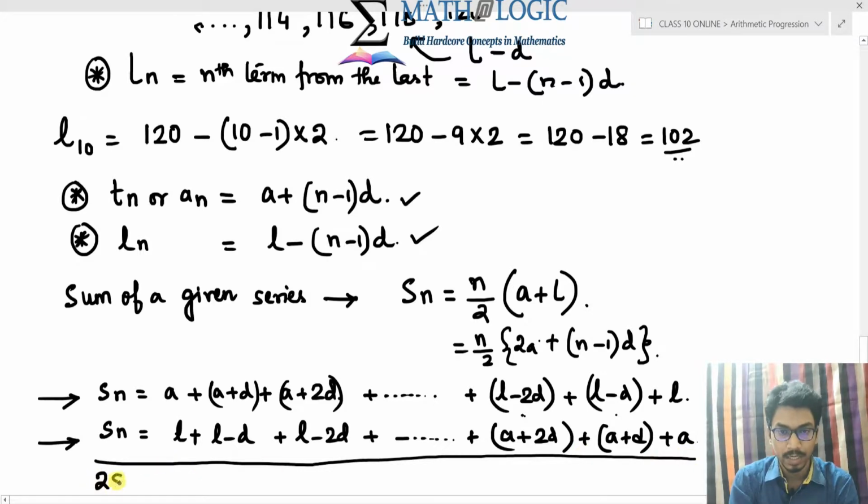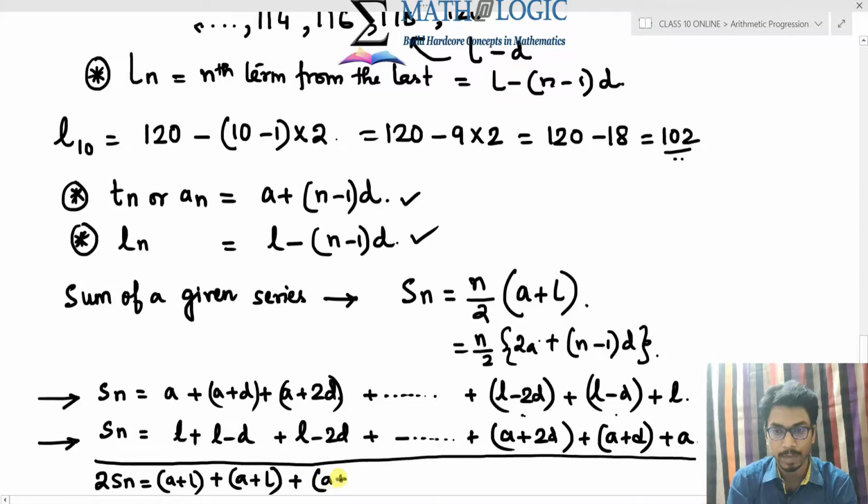See, 2Sn is equal to how much? A plus L. Again, this plus D and this minus D are cancelled. Also the second term is A plus L, as A plus D and L minus D add up. Third term, minus 2D plus 2D cancelled out.